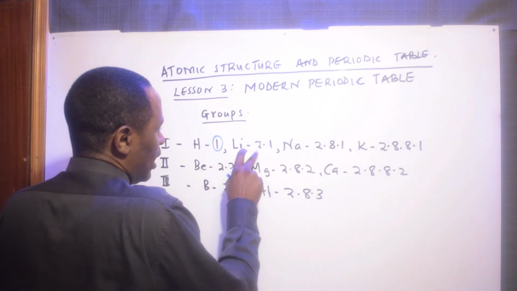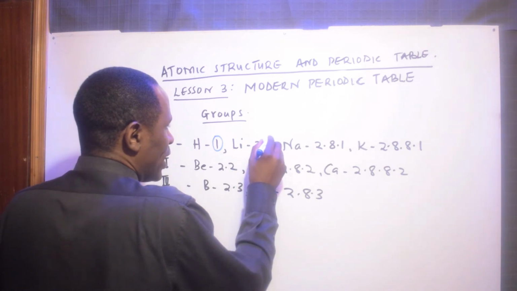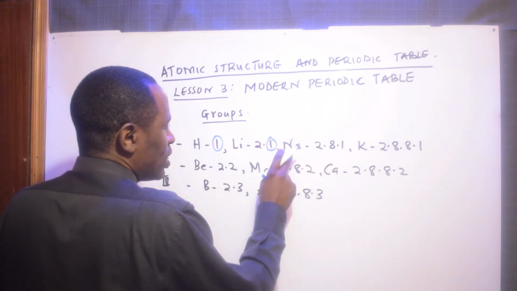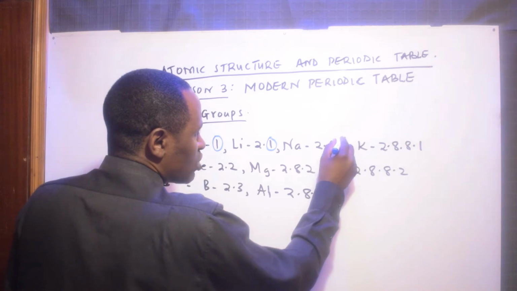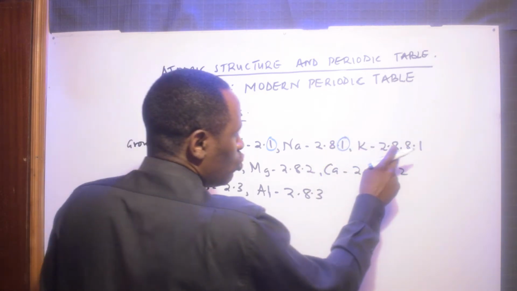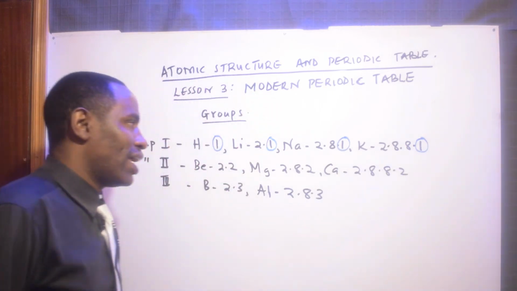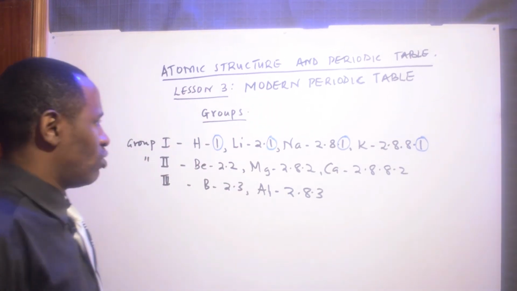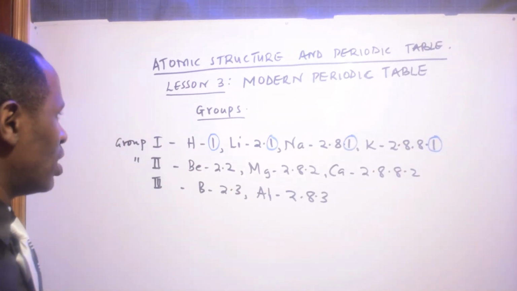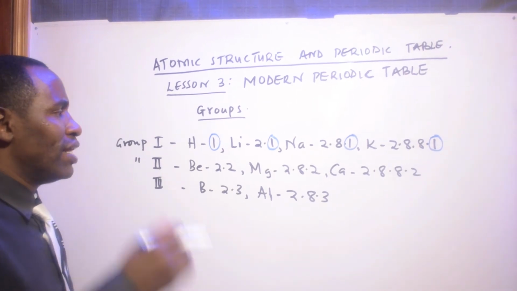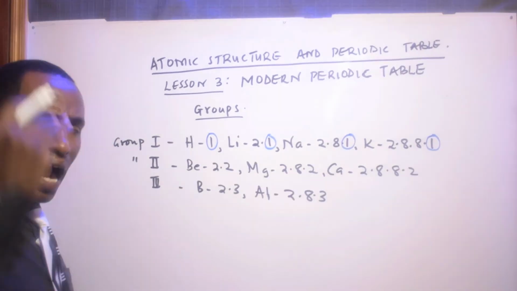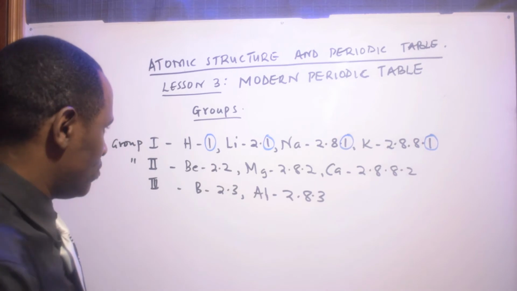Lithium, 2,1: 1 electron in the outermost energy level. Sodium, 2,8,1: 1 electron in the outermost energy level. Potassium, 2,8,8,1: again 1 electron in the outermost energy level. So what can you tell about members of the same group? Members of the same group will have the same number of electrons in the outermost energy level.